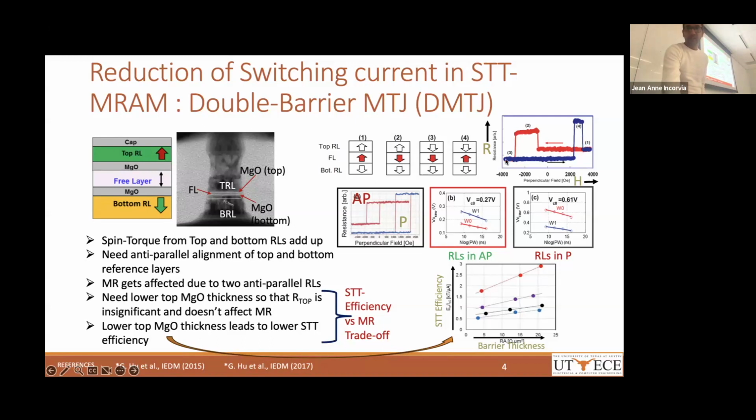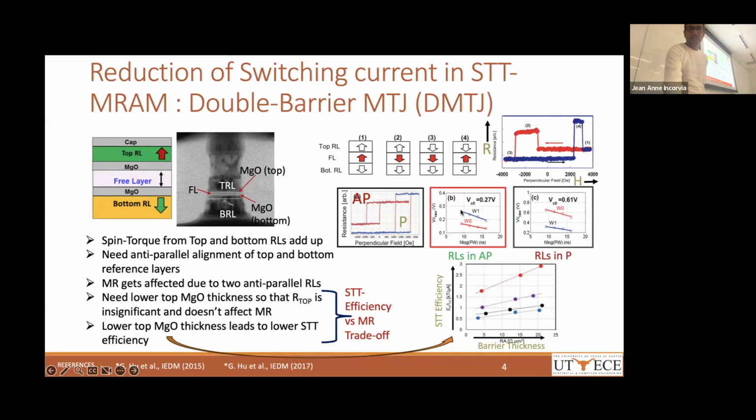Okay, number 4, where two reference layers are in parallel. But in number 2, we see low TMR, where two layers are in anti-parallel. But in this case, if they are in parallel configuration, we see the critical voltage to switch is around 0.6 volts.